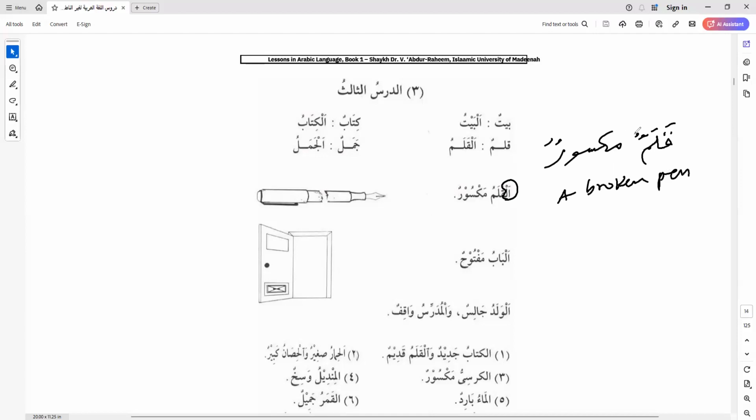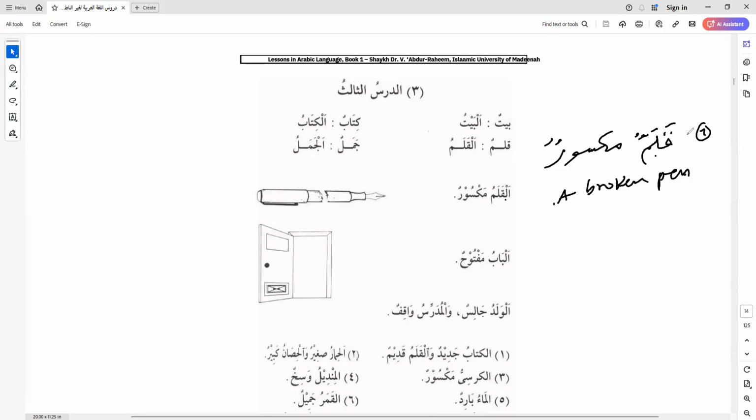So you can see that this is not the same thing as what we are saying in the book. There are so many ways to express yourself in Lughat al-Arabiyya, but you need to be very careful what you want to say. Qalamun maqsurun means a broken pen.